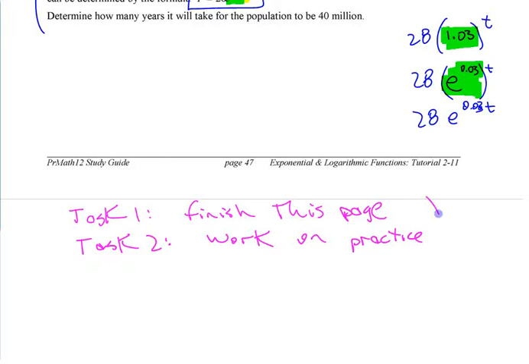Don't let that mean that you're going to suddenly say, okay, I'm not working on this. Don't worry about it, okay? If you do finish this stuff and you're happy with how you're feeling about the practice, you can work on your assignment. After lunch, we're going to work on the quiz, mark the quiz, work on our assignment.